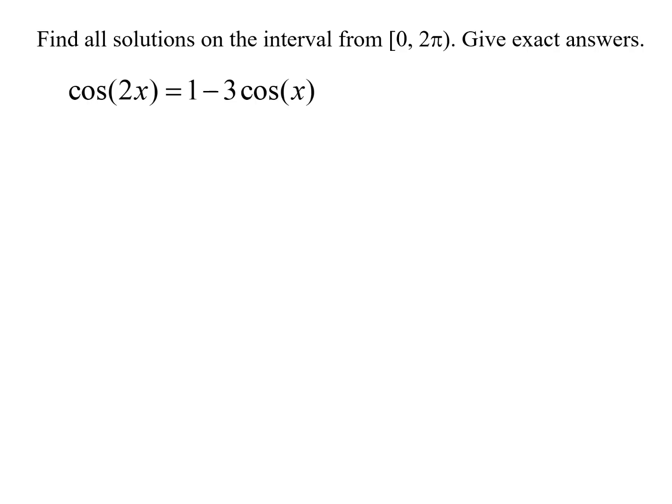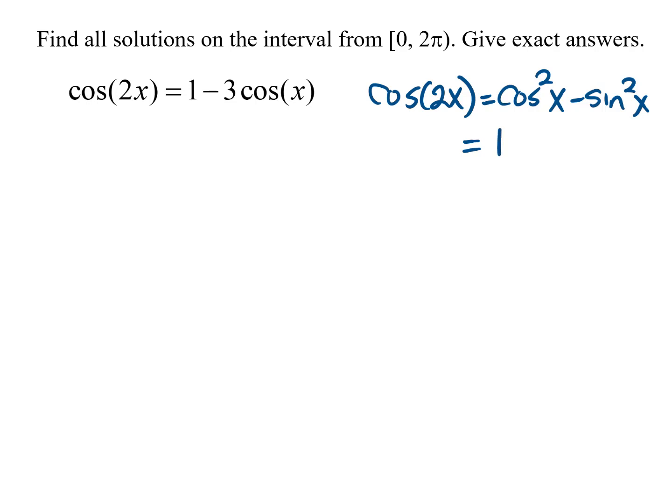same. So I'm going to think of the double angle identity for cosine, and there's actually 3 different versions of it, and this will be a case so you can see why to use one version over another. So here's the first version. Also, if I replace the cosine squared x using a Pythagorean identity with 1 minus sine squared x, I get the second version, which is 1 minus 2 sine squared x.